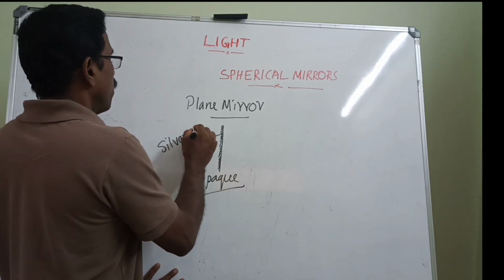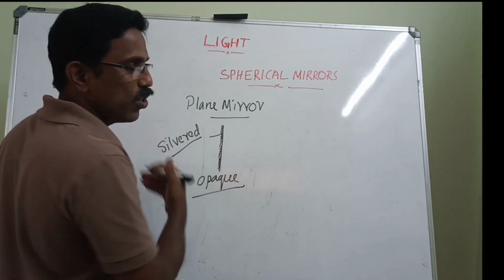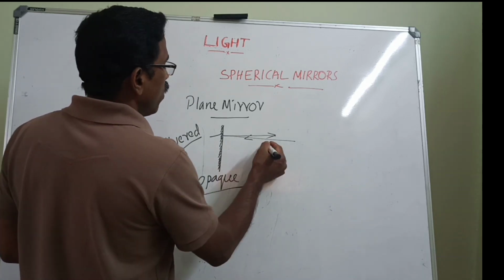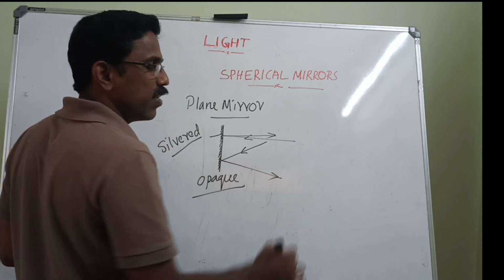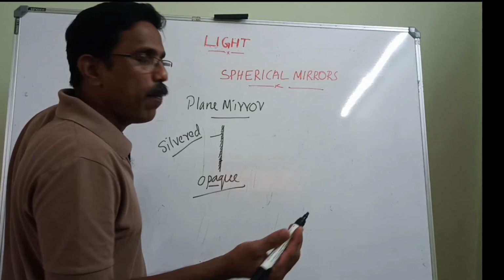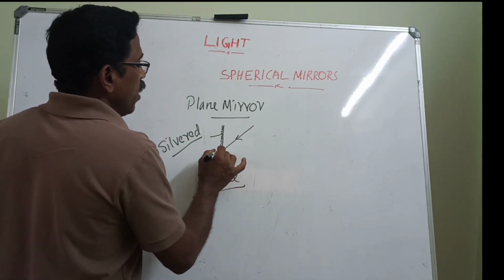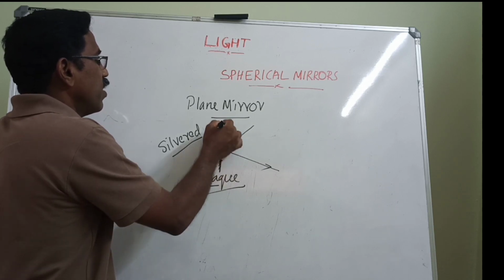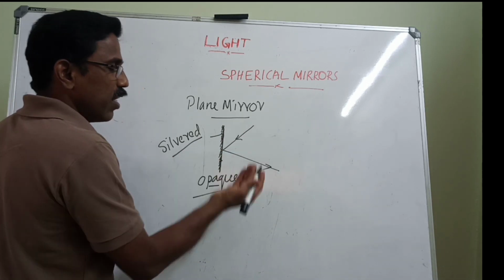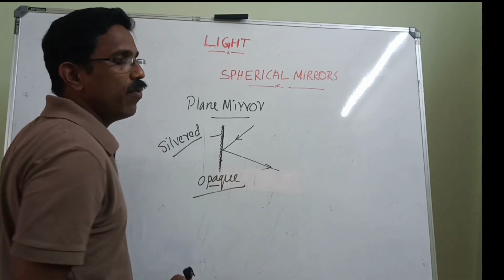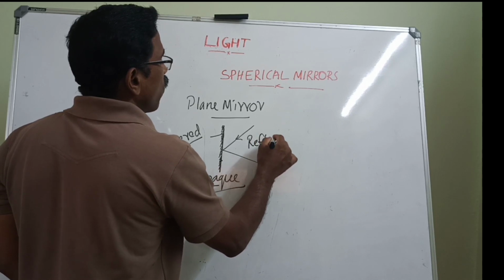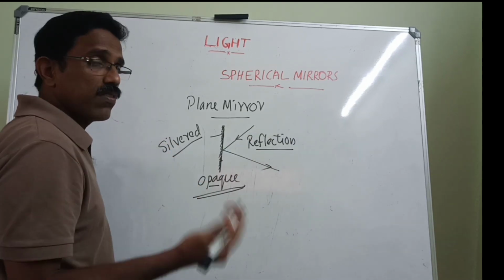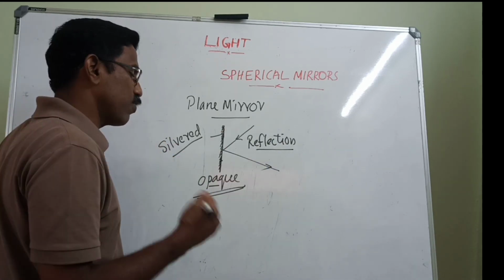Here this surface is silvered, so the silvered surface does not allow light to pass through the object. When light falls on the mirror, it gets reflected back, because the other surface is opaque and silvered, so the light cannot go to the other side of the mirror. This phenomenon of reflection we have already discussed. That is why mirrors are opaque objects which do not allow light to pass through them.